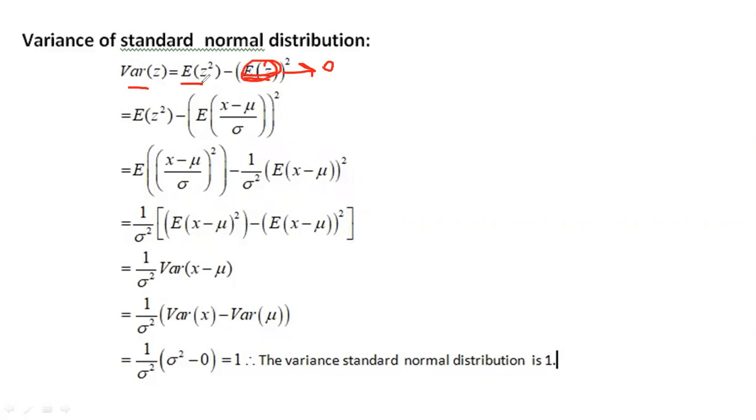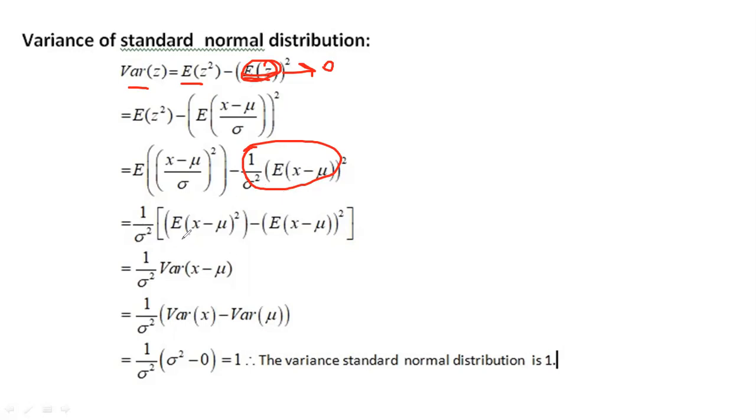Now the expectation of z square: z equals x minus mu by sigma, that is why we take the square, and we simplify that. So expectation of x minus mu by sigma whole square, minus the other term, which we already did and anyway get 0.